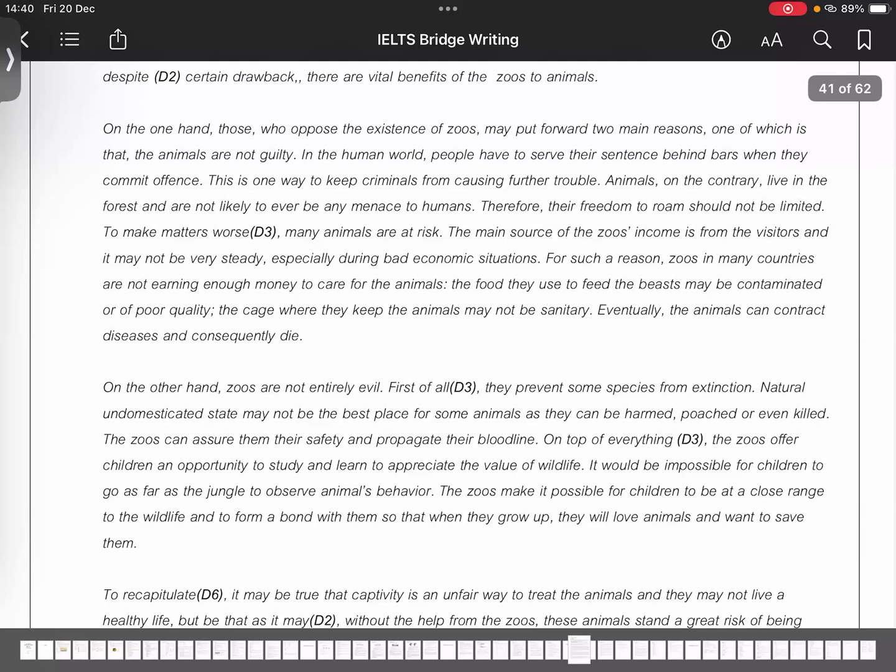So that's a better place for you to take your kids to learn how animals live and why it is so important to conserve them, keep them safe. So that when they grow up, they will love animals and will want to save them.